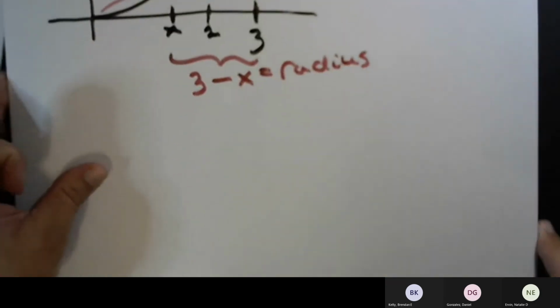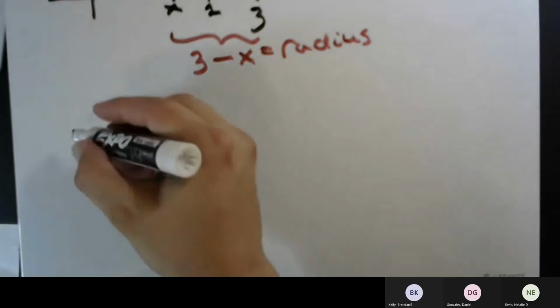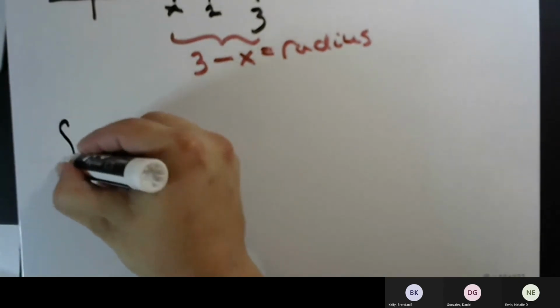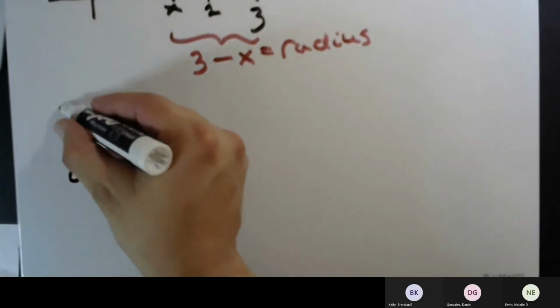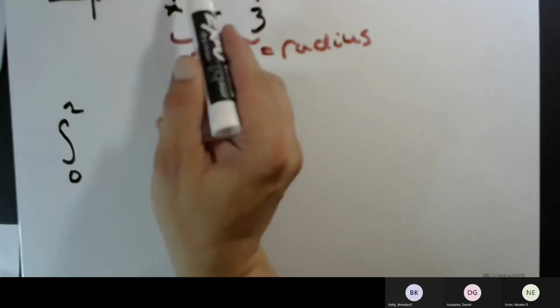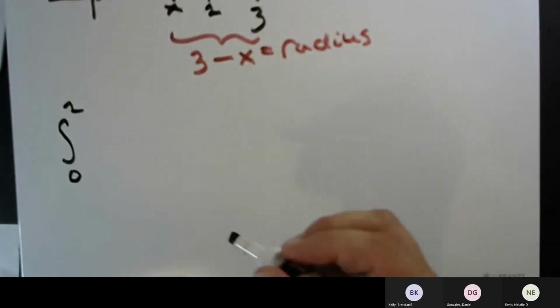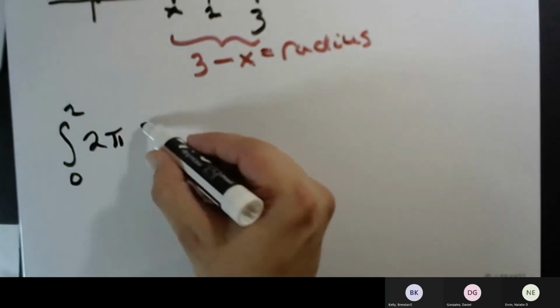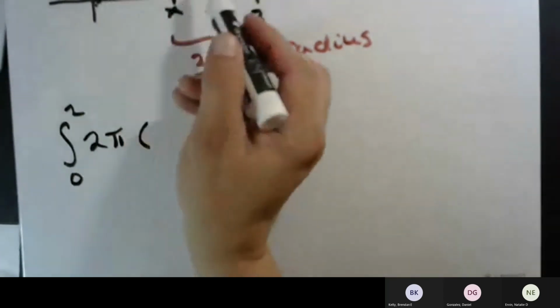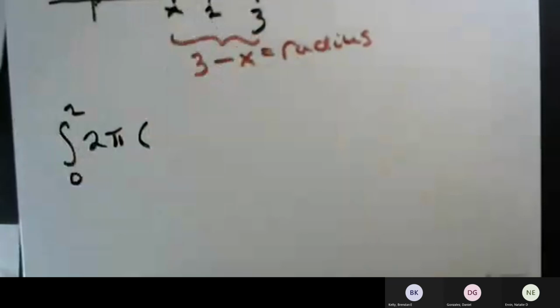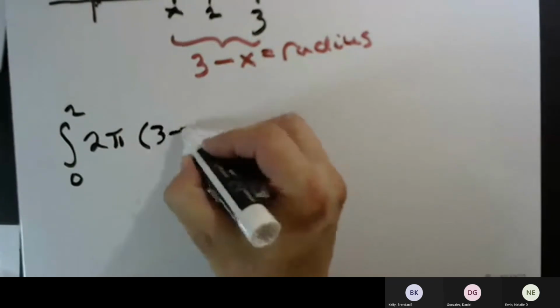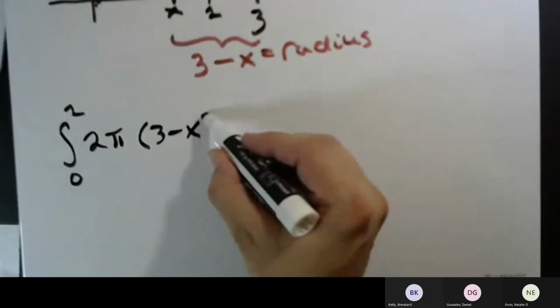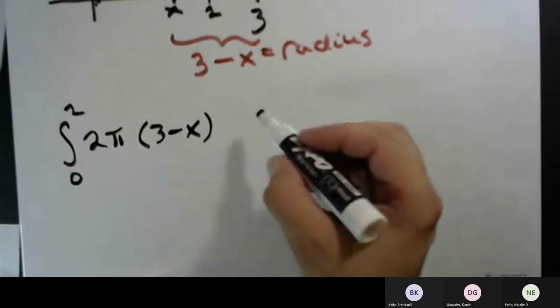So now we do our integral. And again, we're going to integrate from 0 to 2, with 2 pi. Now, we're integrating along the region. Radius is 3 minus x.